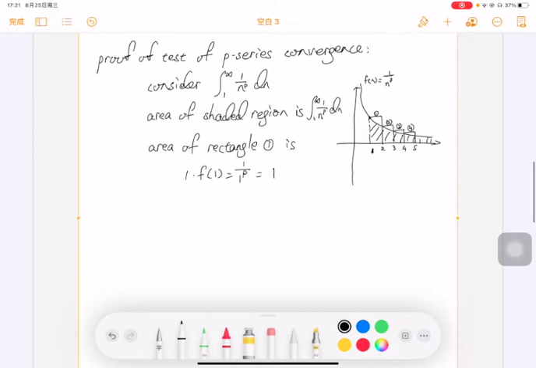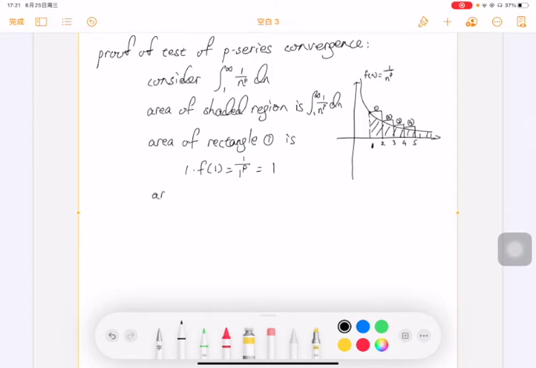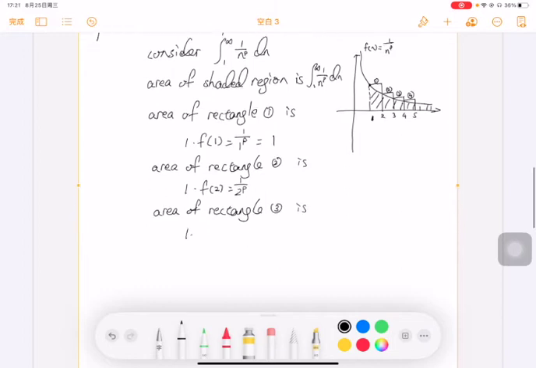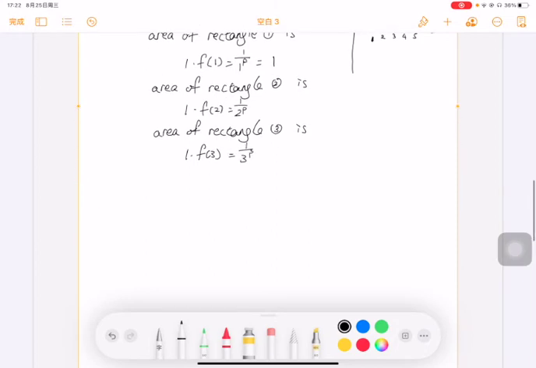So the area of the first rectangle is 1, and the area of rectangle 2 is, the base of the rectangle is, again, 3 minus 2 equals 1. The height of the rectangle is f of 2, which is 1 over 2 to the p. And the area of the third rectangle is 1 times f of 3, which is 1 over 3 to the p, so on and so forth.